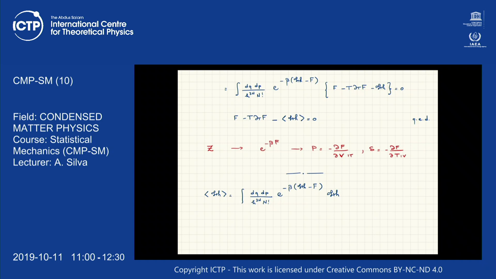So this is equal to the internal energy, U. In other words, you can rewrite this as the integral dq dp over h to the 3n n factorial, e to the minus beta (h minus f), (h minus U), equal to 0.